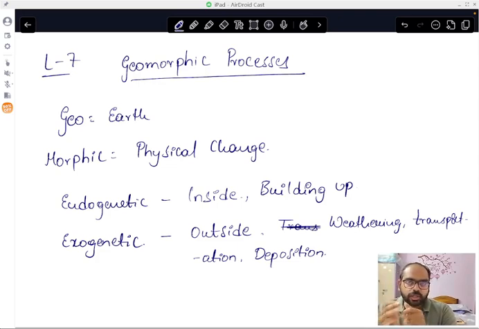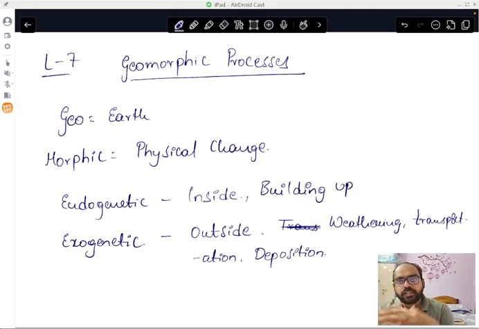What do these exogenetic forces do? They transport material. For example, they denude a mountain, transport that material, and deposit it somewhere else, so that features are formed on the earth.